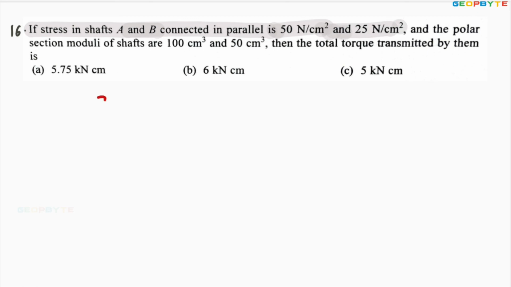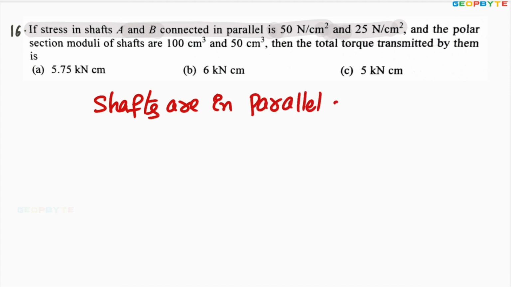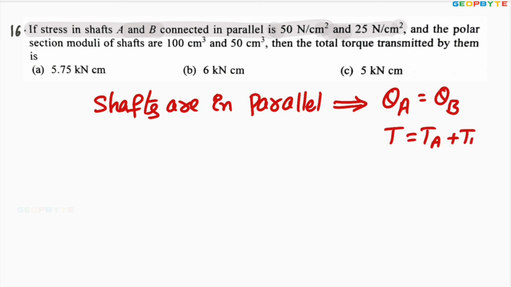Shafts are in parallel. For the parallel arrangement of the shafts, theta A equals theta B. Angular twist remains the same, but the total torque equals TA plus TB. These are the conditions for parallel arrangement of the shafts.